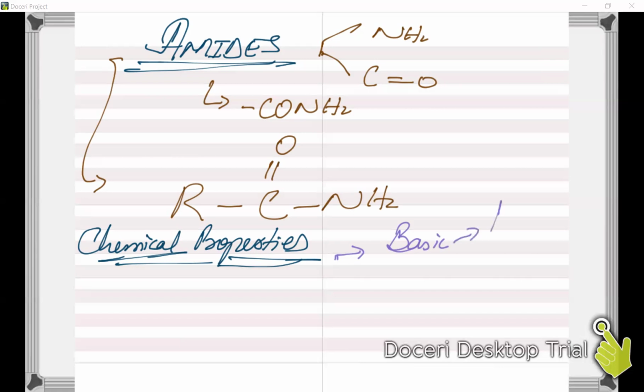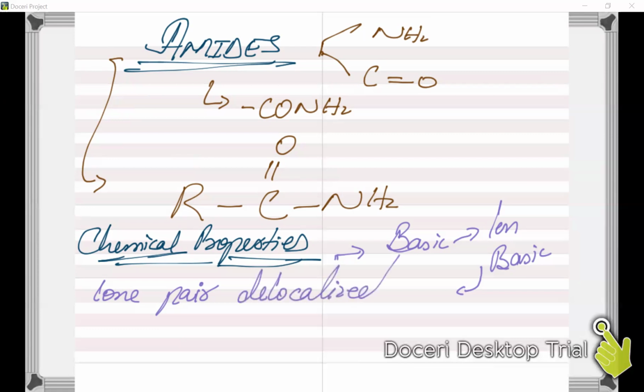However, we would say that they are less basic as compared to the amines, and the reason is that the lone pair on the nitrogen, which makes amines basic, is delocalized in the case of amides.